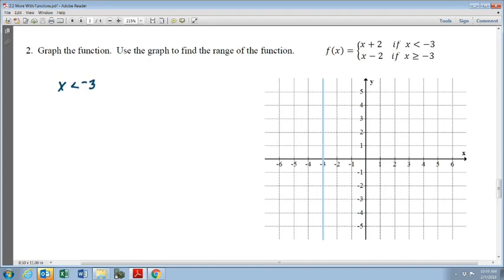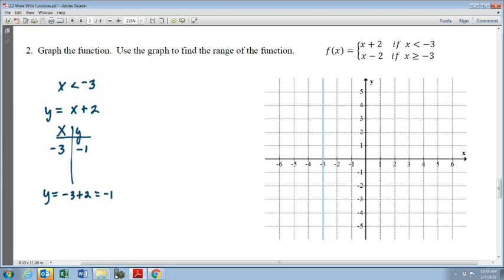So if x is less than -3, we're going to basically use the graph y equals x plus 2. Remember, f of x is just another name for y. So I'm going to go ahead and make a table of values, and I'm going to pick, first of all, -3, because that's that turning point. That's where things change. So if I plug in -3 into this function, I get y equals -3 plus 2. Well, that's -1.